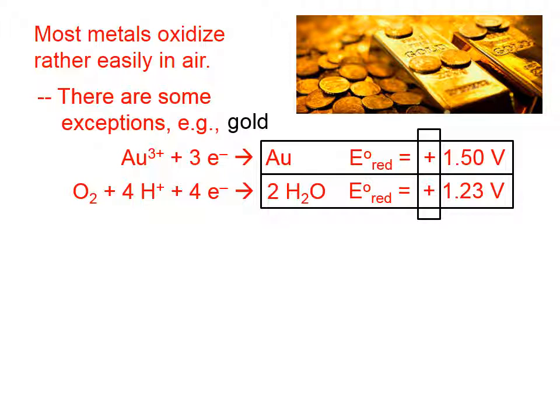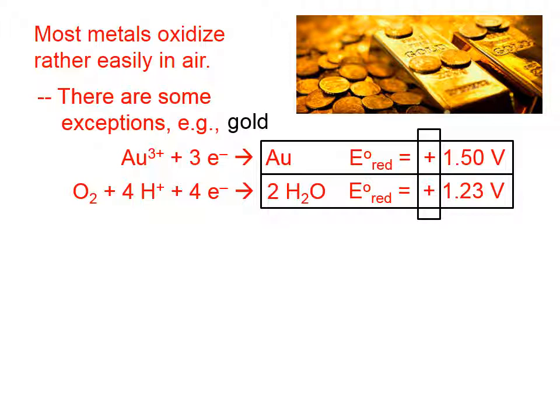We mentioned previously that the positive nature of this reduction potential indicates that the substance would rather exist like its state of matter that's shown on the product side here, and that the magnitude suggests how strongly it wants to do that.